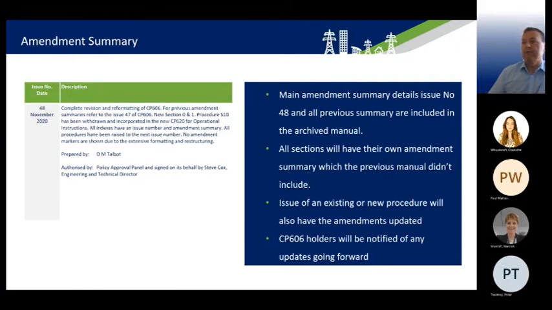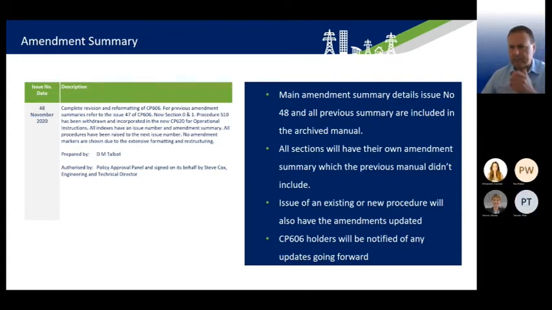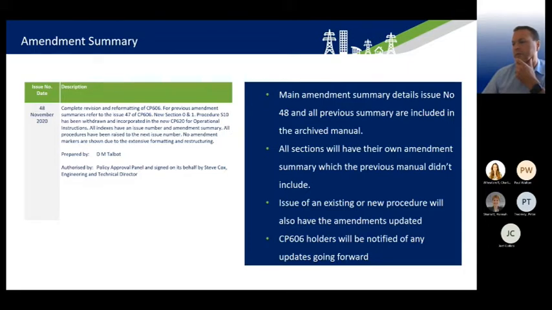So anything that is updated in an existing procedure or a new procedure will be updated in those amendments also. And we'll also be notifying people as things are updated. So there'll be an email sent out to all 606 holders, making them aware of what's been updated and when it's updated.